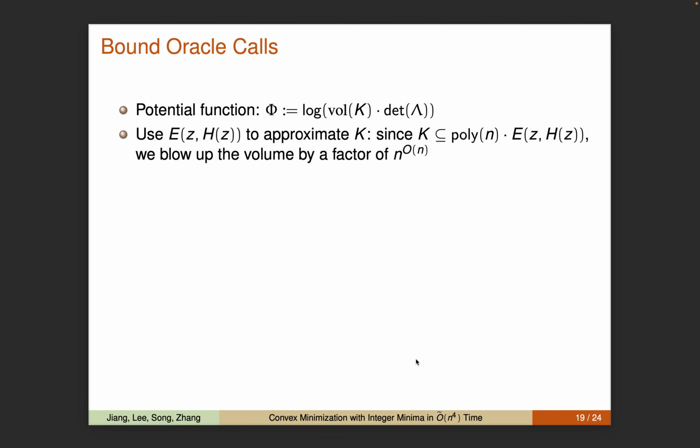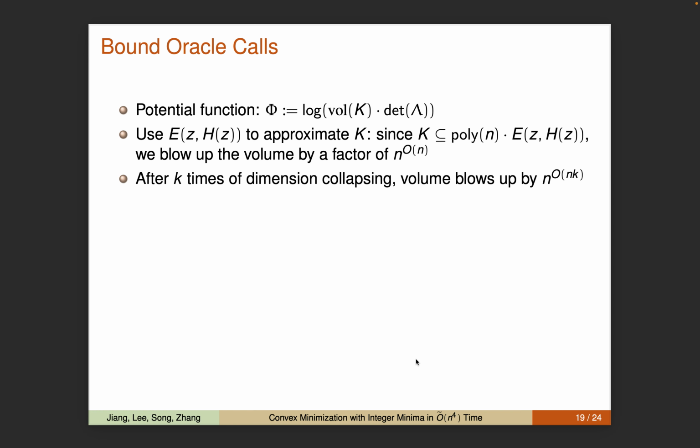And recall that our algorithm essentially says that computing on the polytope is expensive, so we use an ellipsoid. When using this ellipsoid to approximate K, we use this outer ellipsoid approximation, and this will inevitably blow up the volume by a factor of n^O(n), which will play a part in the later bound on the oracle cost.